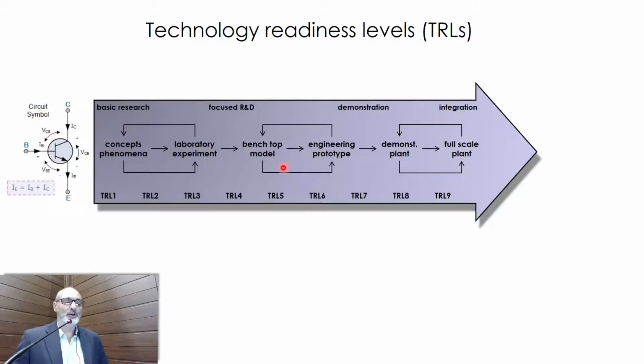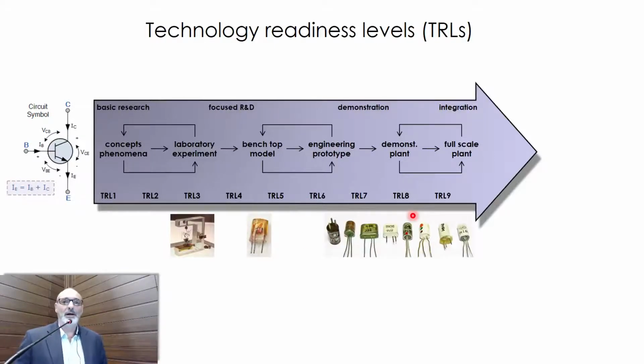where we have bigger models, benchtop models, engineering prototypes, where you may be testing, for instance, materials, like in this slide here. And then you go on and test how this component is going to be integrated into other systems. So you test integration, and after a certain time it becomes a kind of commodity, a component to be integrated in other systems.